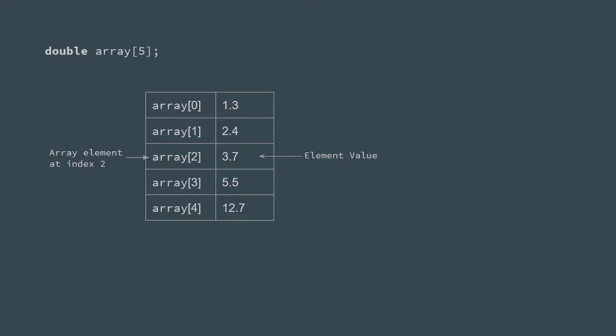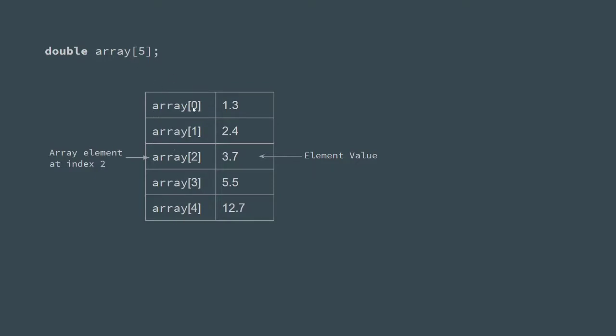So this is a single dimensional array. Here I have us declaring a single dimensional array called array that has 5 elements in it. Now, no values have been populated in this array yet. Within our memory, we actually have a list, basically, of our doubles.